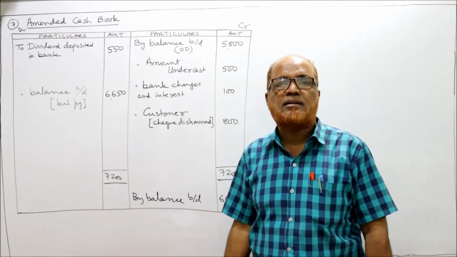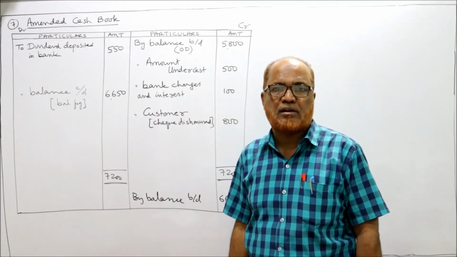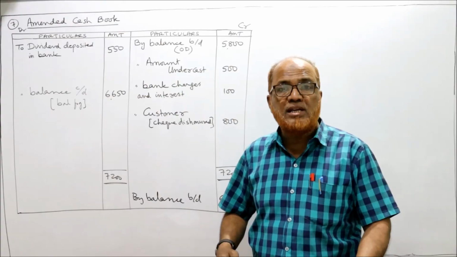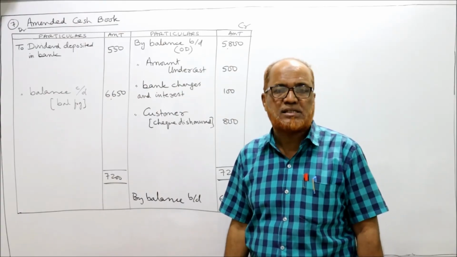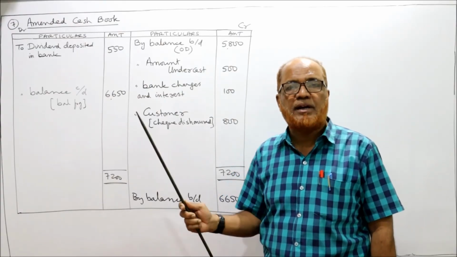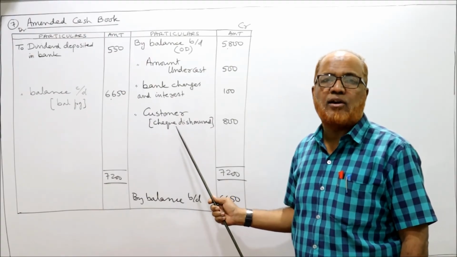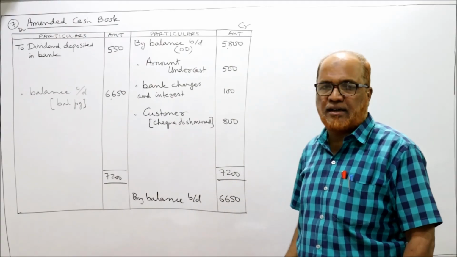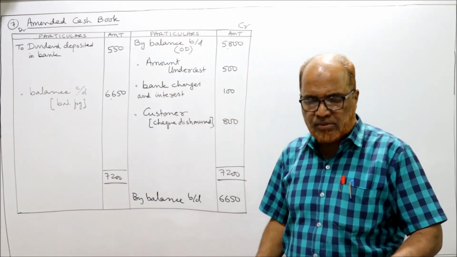The banker had not collected that amount. So it is already debited to the cash book, but the dishonor entry had not been passed. So the dishonor entry will be taken on the credit side of the cash book. So by customer, check dishonored 800 rupees. That's when all the items are taken.